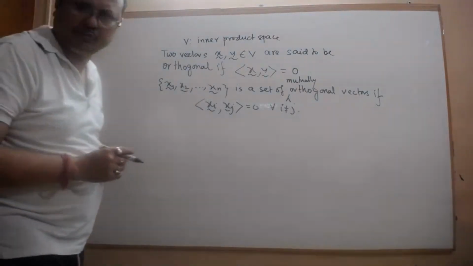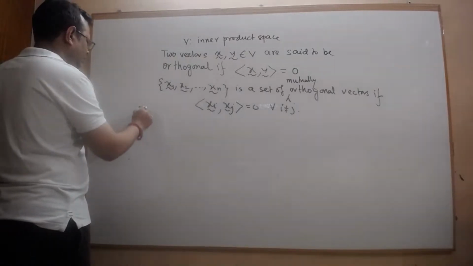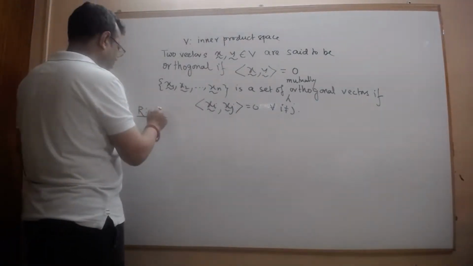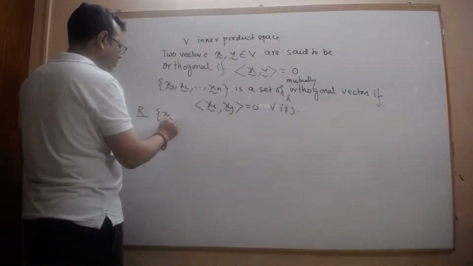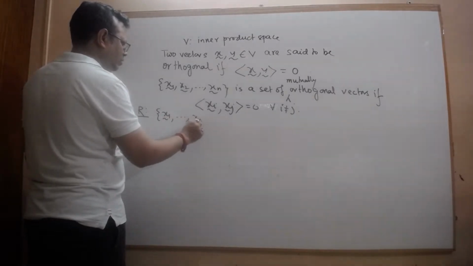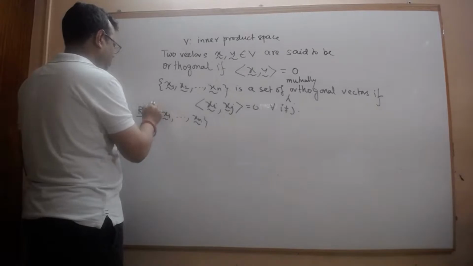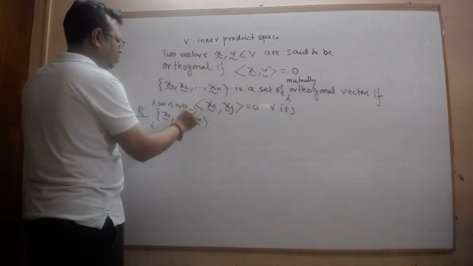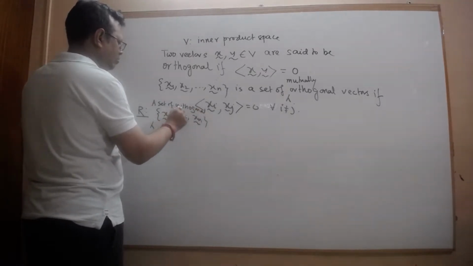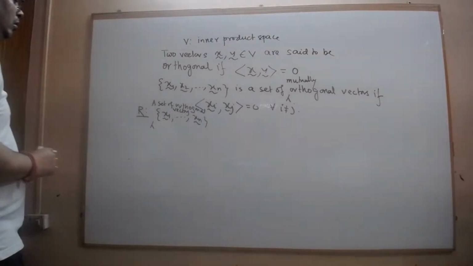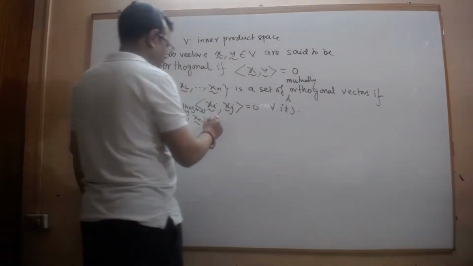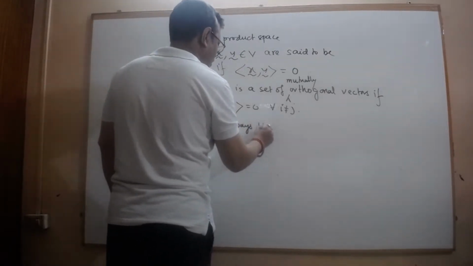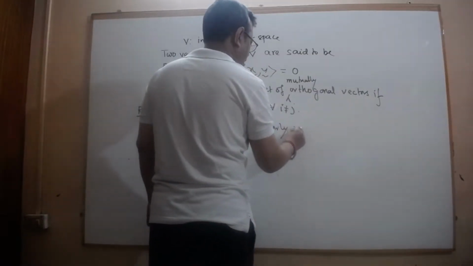So, result: a set of orthogonal vectors is always linearly independent.